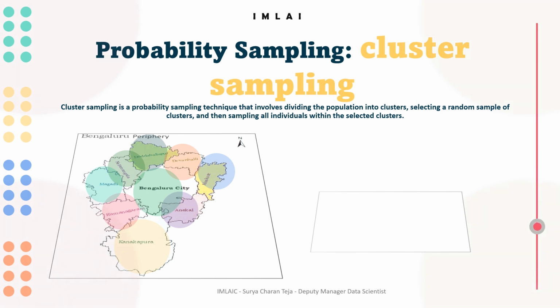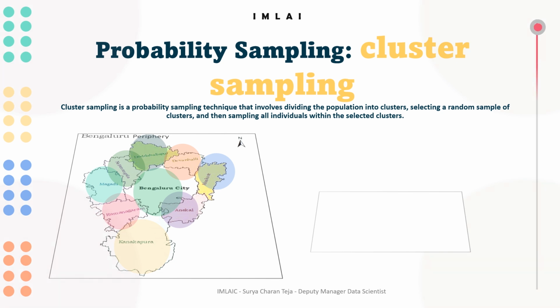But we do not have a list of all households in the city. Instead, we can divide the city, or Bengaluru, into neighborhoods, select a random sample of neighborhoods, and then survey all households within the selected neighborhoods. That's what we are going to do. Now let's define the population.